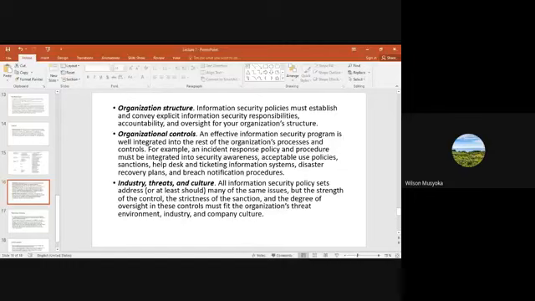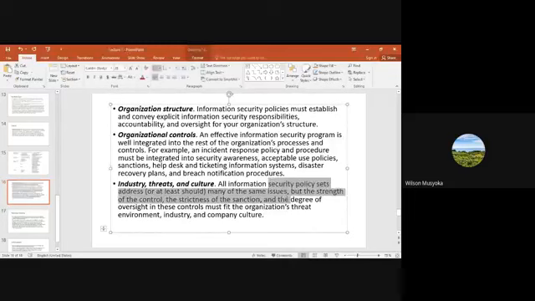If it is in the education industry, the same. That is why we are saying all information security policy sets address, or at least they should address, many of the same issues, but the strength of the control, the strictness of the sanction, and the degree of oversight in these controls must fit the organization's threat environment, industry, and company culture.